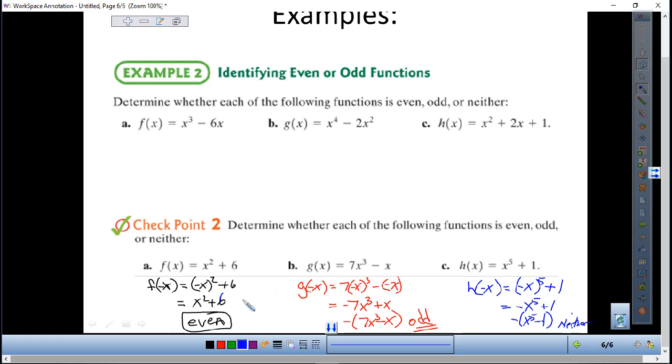So I really want you to make sure that you know the definition way of finding out whether a function is even or odd. So don't stick with just knowing the power rule thing. With all even powers, it's an even function. All odd powers, it's an odd function. Mixture, it's neither. That's good to know, but you also need to know the definition-wise how to prove it.